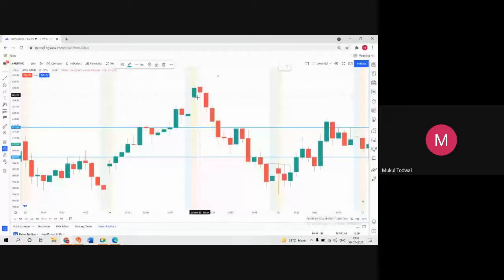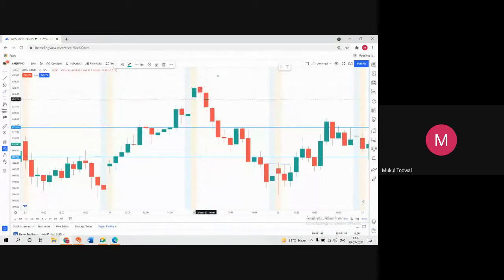This is a kind of doji where the lower wick is equal to, or at least greater than, the body of this candle, followed by another red candle.